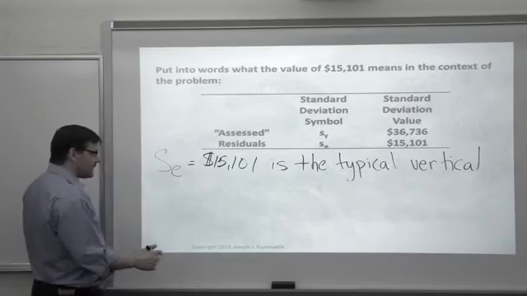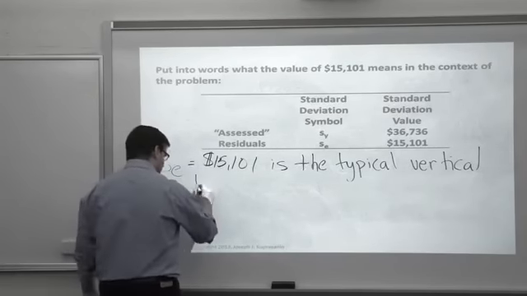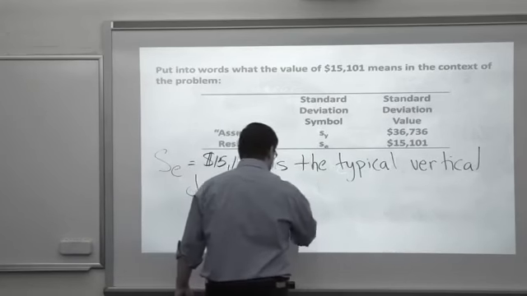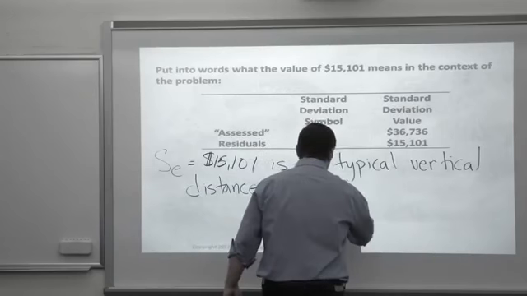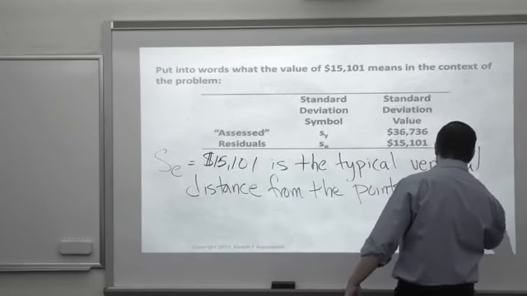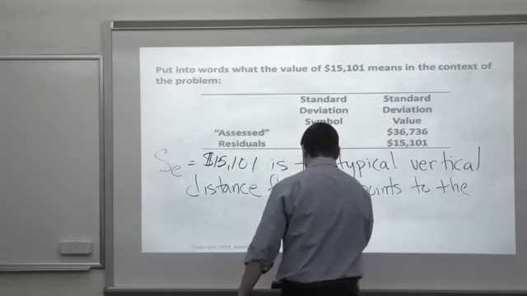So the 15,101 is the typical vertical distance from the points to the line.